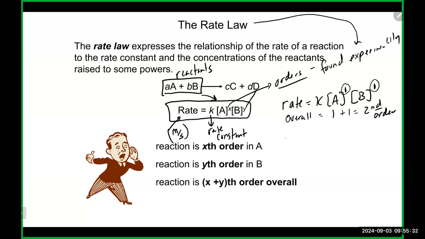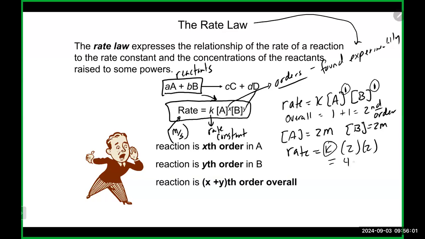Well, for example, if I had a concentration of A that was 2 molar, and a concentration of B that was 2 molar, and I put it into this rate law, I essentially have the rate is equal to, and I'm just going to ignore k for now, since it's a constant number. It won't really make any difference. We'll have 2 and 2, which gives me something like 4 molar per second.